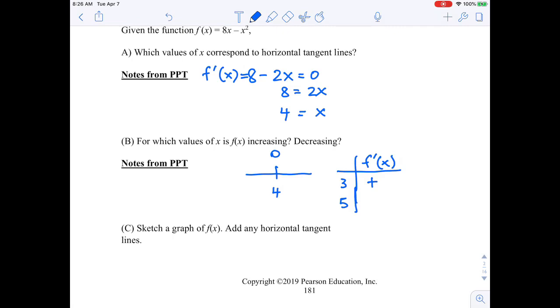When it's 5, we get a negative. So when is it increasing? It's increasing on the interval negative infinity to 4, and it's decreasing from 4 to infinity.